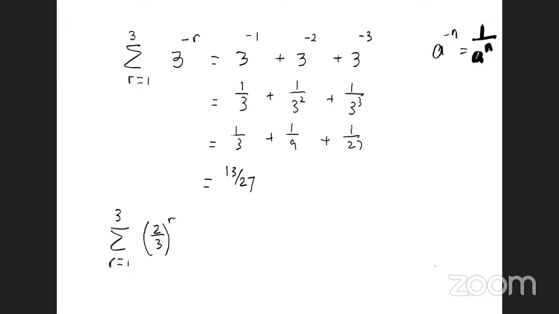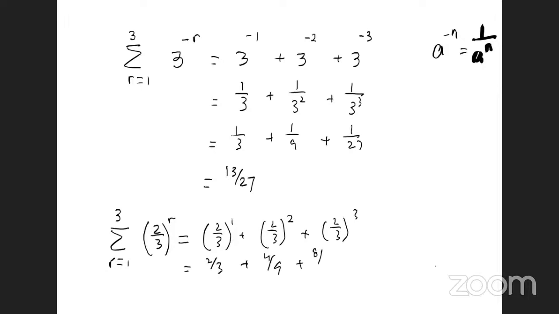All right, let's see what you got. So that'll be 2 over 3 to the power of 1 plus 2 over 3 to the power of 2 plus 2 over 3 cubed. So that'll be 2/3 plus 4/9 plus 8 on 27.